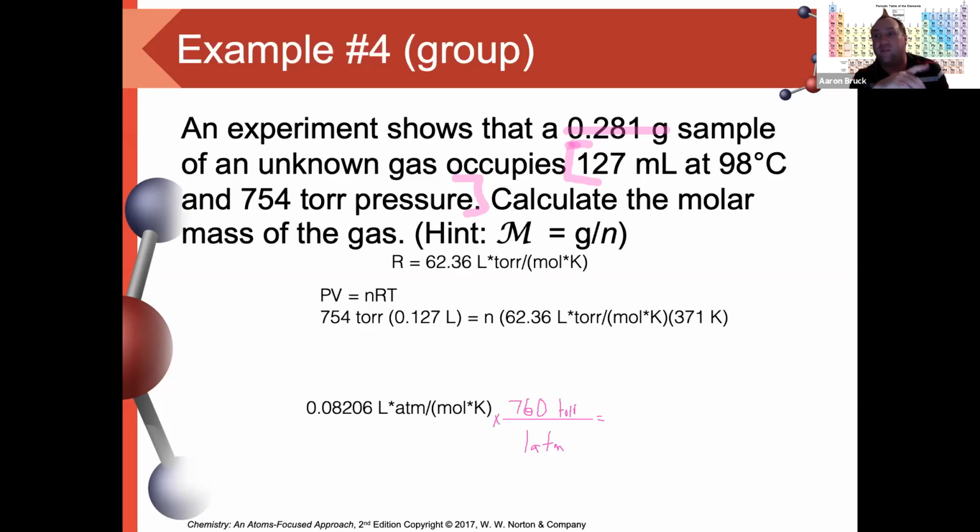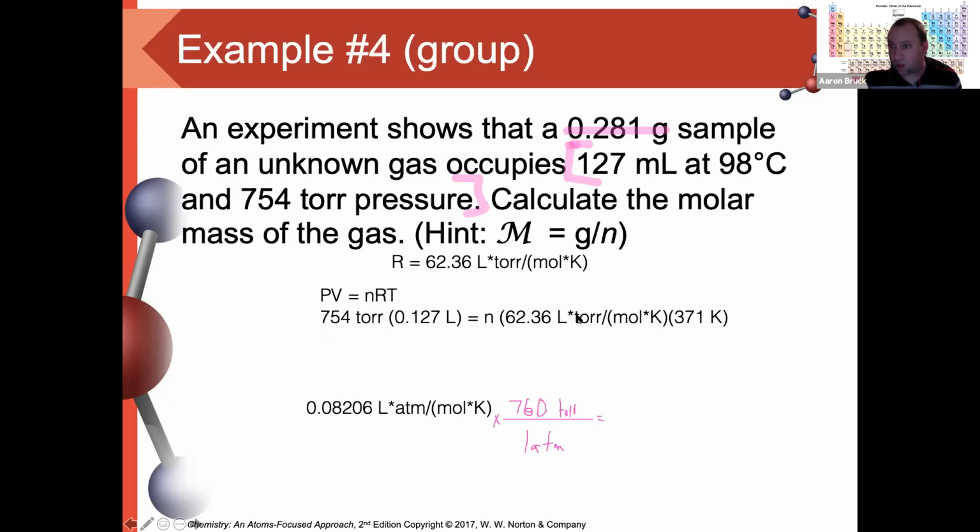Okay, but 754 is the value that we measured. That's not the conversion. If you want to convert, you would have to convert both of these values to atmospheres. But for the value of R, if we just use this equation straight up like this, all of our units match up.